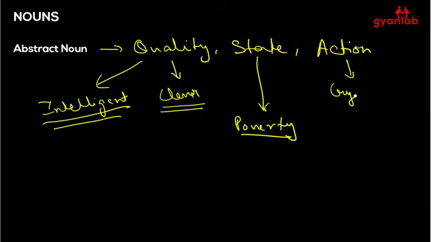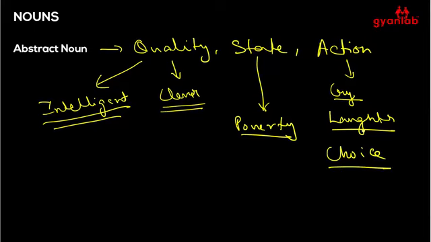Crying can be an action here. Cry. Laughter can be an action. Choice can be an action. To choose, choice. So words like these are all abstract nouns.